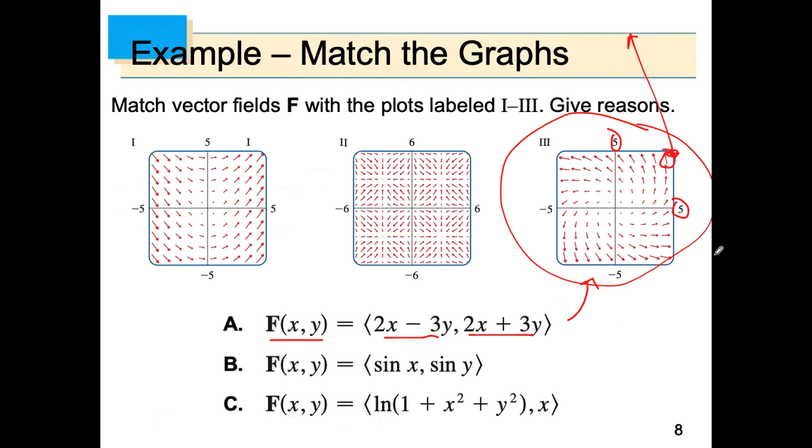Yes, that's not to scale, but if you look at it proportionally, this vector here is proportionally accurate compared to this vector closer to the origin. So once again, go ahead and try plugging in some points, and you'll get vectors that shoot off the charts. But as long as they're going in the same direction, and as long as the proportionality is accurate, that's going to make graph 3 the obvious choice for part A.